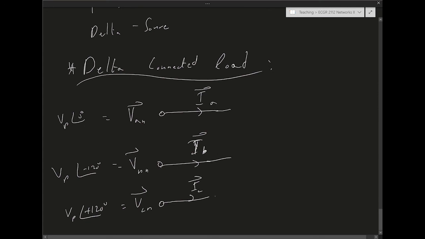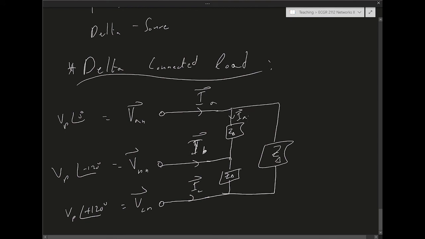So our load looks like this. Z delta. And it's balanced, so the load is the same for every branch. Z delta. So I have IAB, I have IBC, then I have ICA.